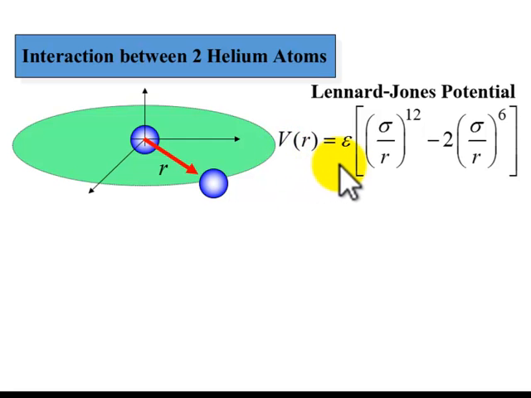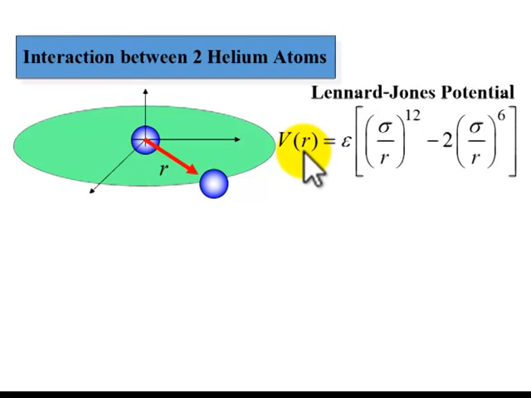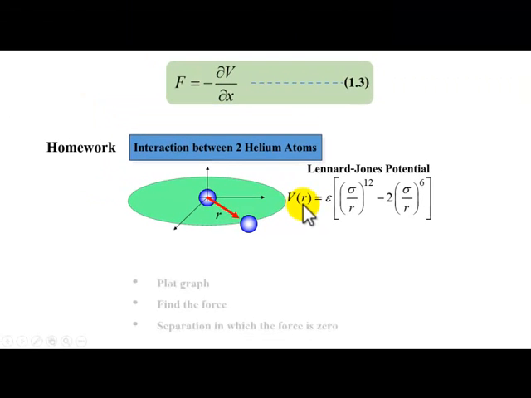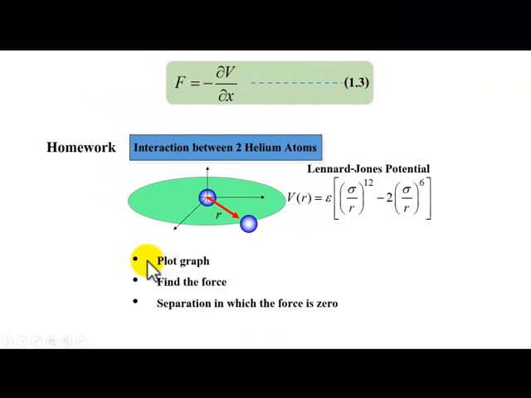The potential energy V in this case, known as the Lennard-Jones potential, depends on the separation R between the two atoms, where sigma and epsilon are constants. In this case, draw the graph of the potential energy, compute the force from the information given, and find the separation in which the force is zero.